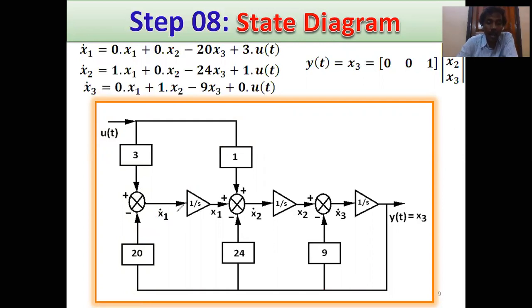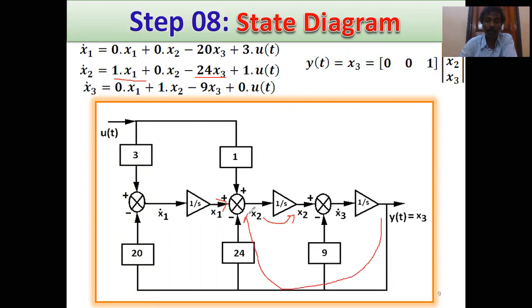Then x2 dot integrates to give x2. So x2 dot equals what? x2 dot equals 1 into x1. This is the x1 path. And minus 24 into x3; this is the x3 path, and this is the minus 24 path.